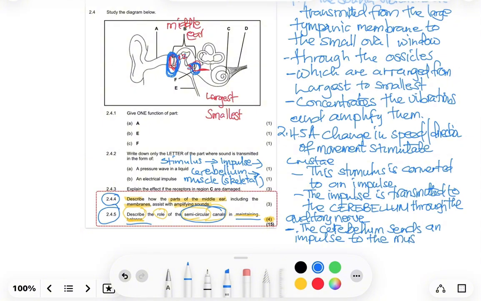Why is the cerebellum sending an impulse to the muscles? It is to restore balance.